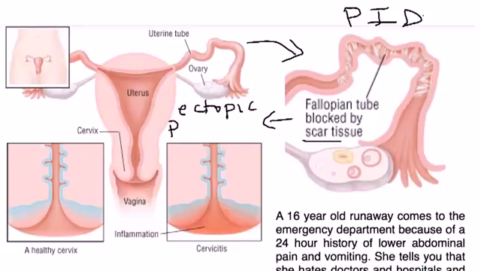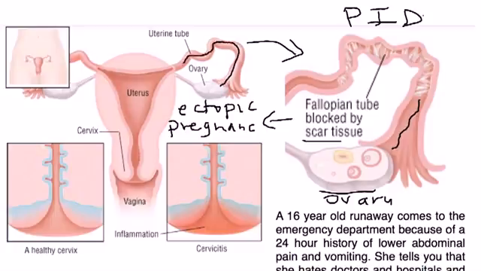Ectopic pregnancies happen because when this ovary here releases an egg, it's not able to travel properly because of all the scar tissue. It's not able to travel all the way down and implant itself into the uterus, the endometrium. The scar tissue blocks it and ends up preventing it from migrating properly. So that's very important to remember, that PID predisposes to ectopic pregnancy.